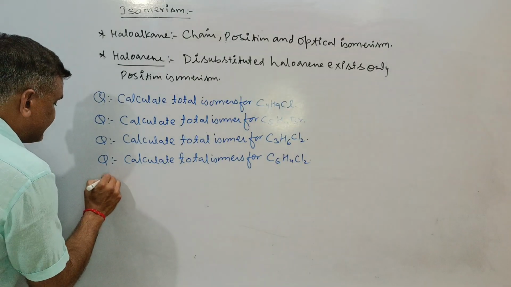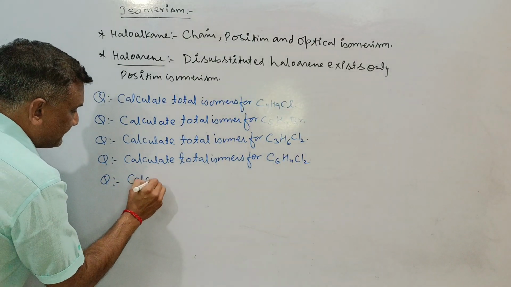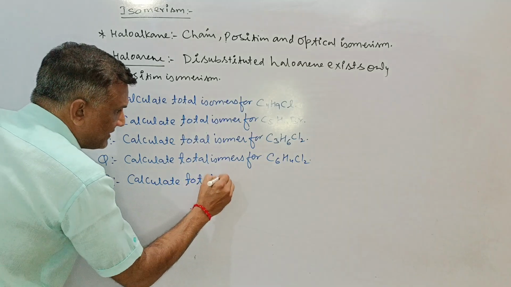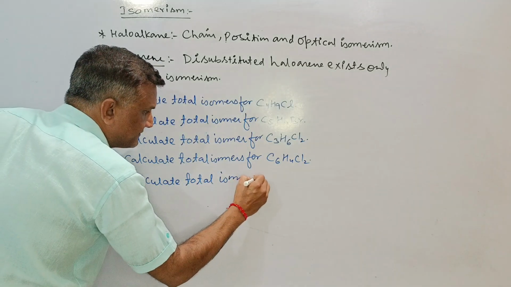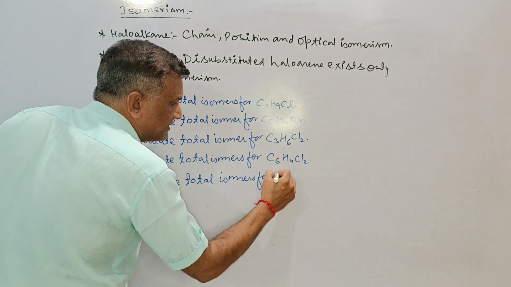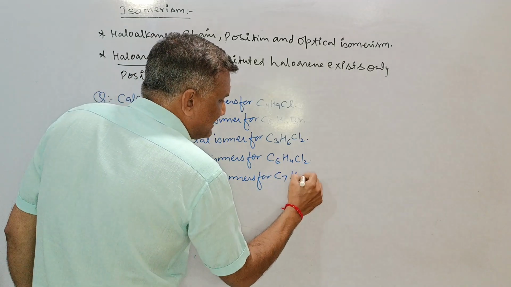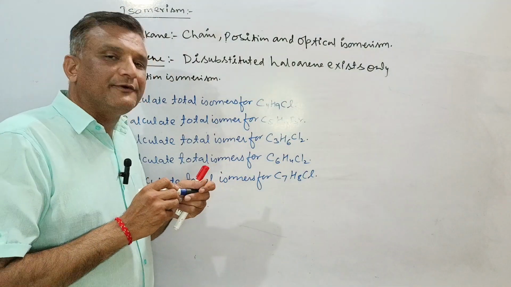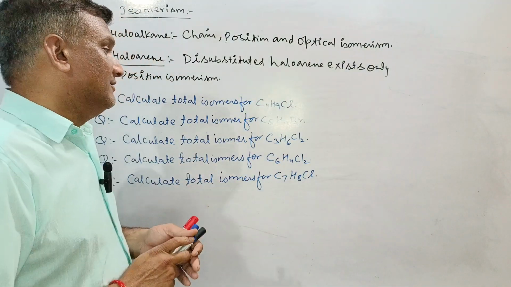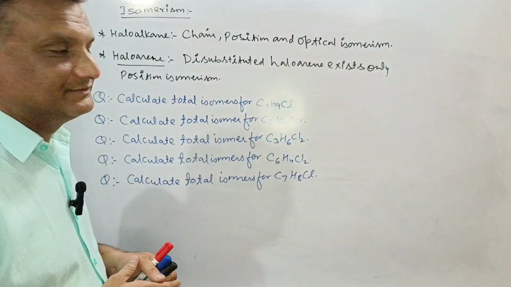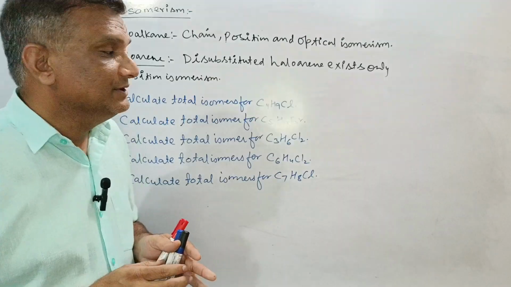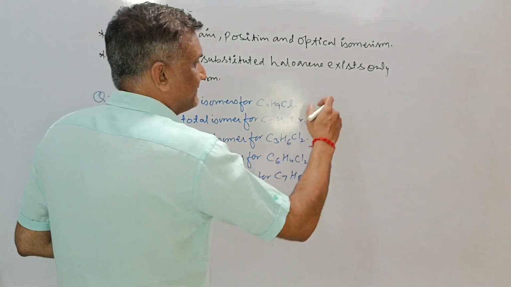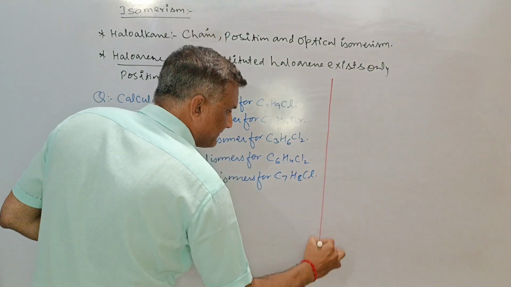Next we can take: calculate total isomers for C7H8Cl. These are the important questions for chapter 10. We will take them one by one, which is very important.